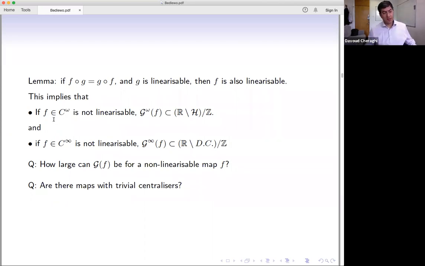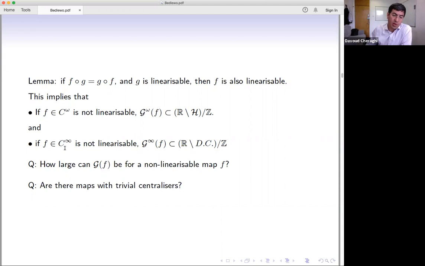For example, if F is analytic and it is not linearizable, anything that commutes with F will not be linearizable. That means anything that commutes with F cannot have a rotation number in the Herman class. So the group G lies outside, in the complement of the class of Herman numbers. The class of Herman numbers has a full measure set, but its complement is generic. So there's still plenty of room in the complement.